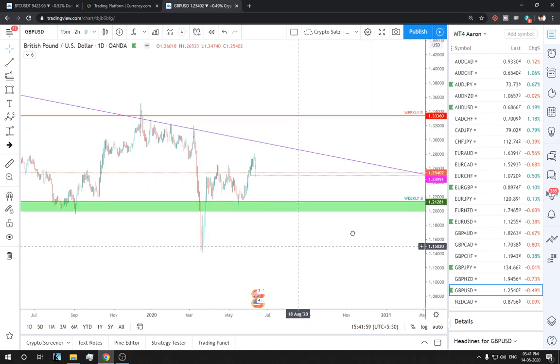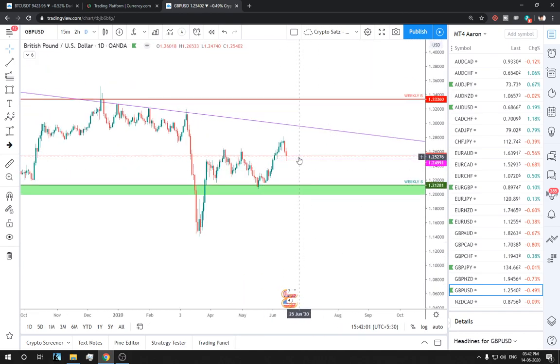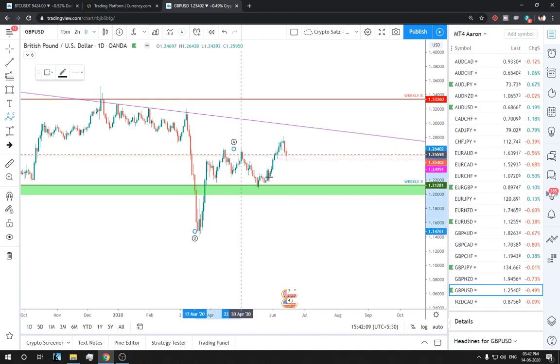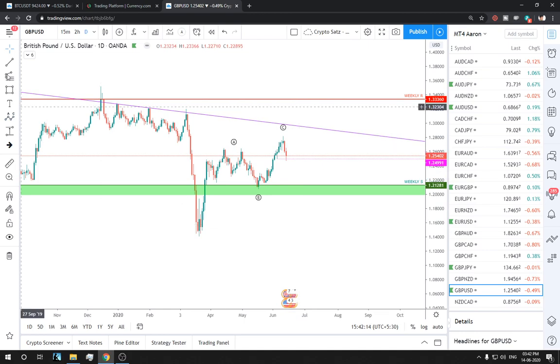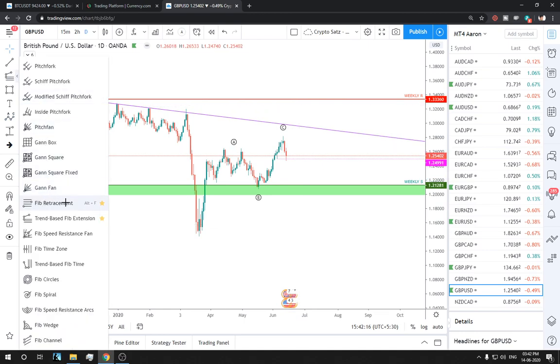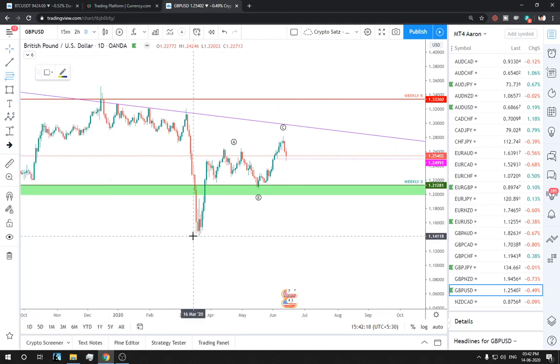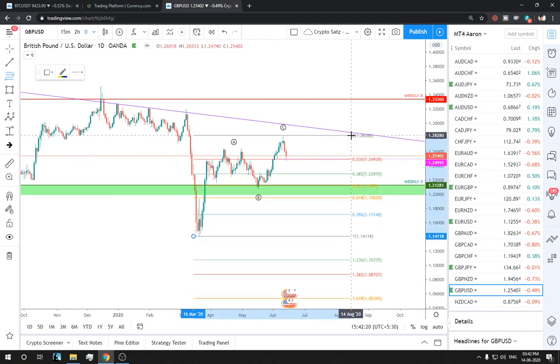As it is looking three wavish, see this A, B, C. So even this is the same as GBPJPY. So A wave, again we will long this.